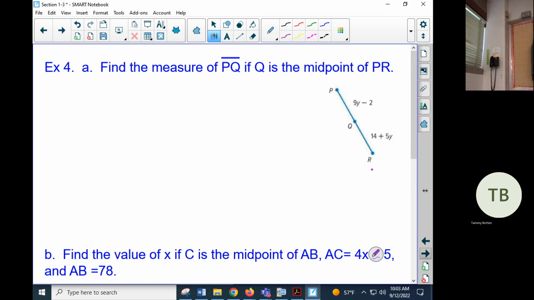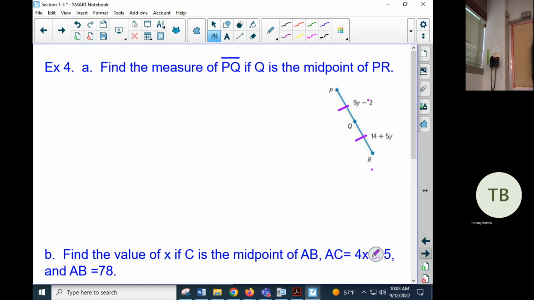We can't do this on this one because they don't tell us how long this segment is, okay? But think about what a midpoint is, and do you see something I could do with those two? Set them equal. A midpoint is exactly halfway, so it breaks it into two congruent parts. So if that's the midpoint, this would just equal that, and then I solve it.